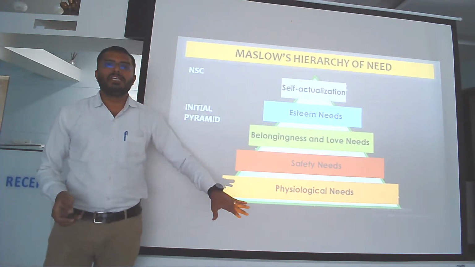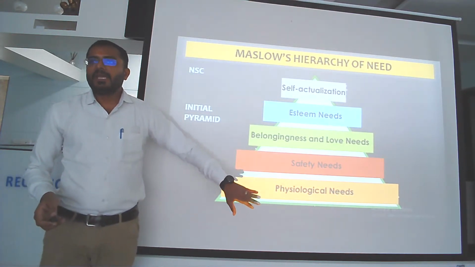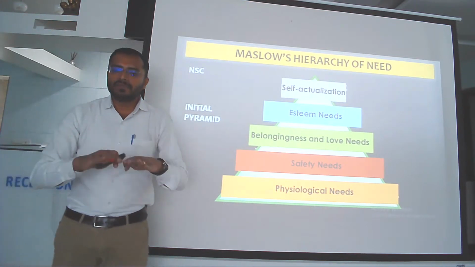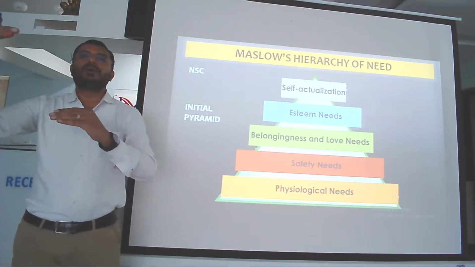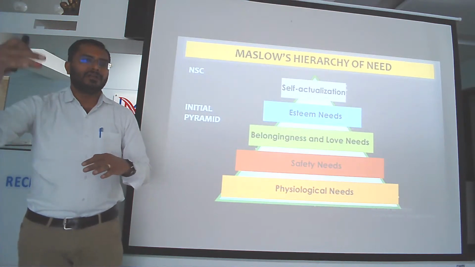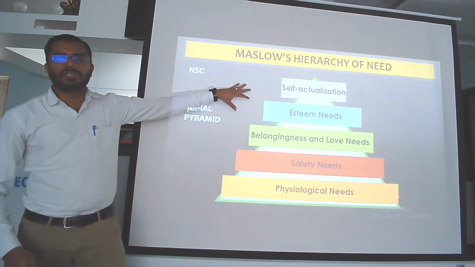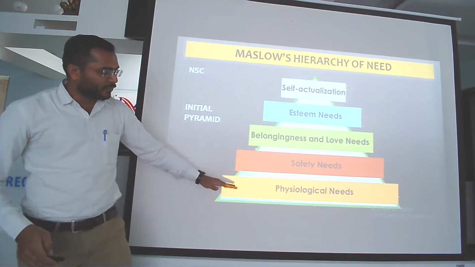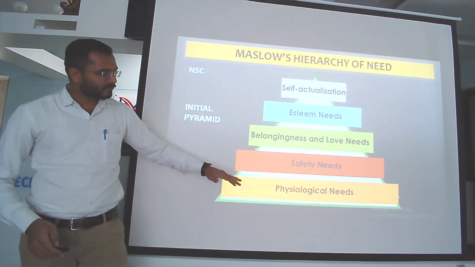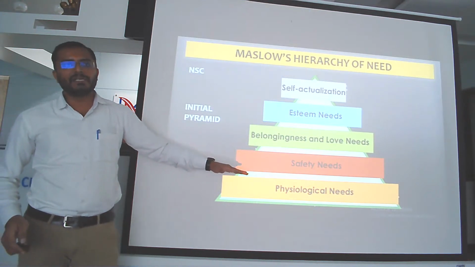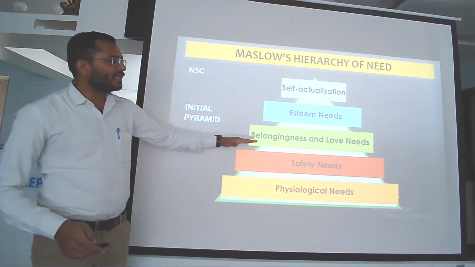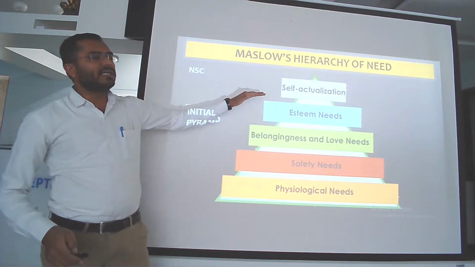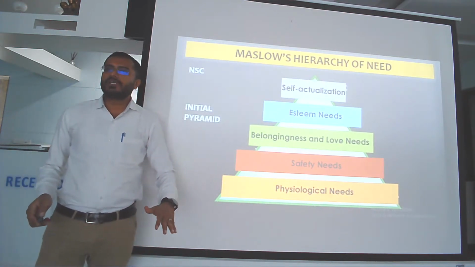When one need is fulfilled, as Maslow said, a person can go to another need, because there is a lack of another, so they can evolve. In Maslow's theory, the first point is the physiological need, second the safety need, third the belongingness and love need, fourth the esteem need, and fifth self-actualization.